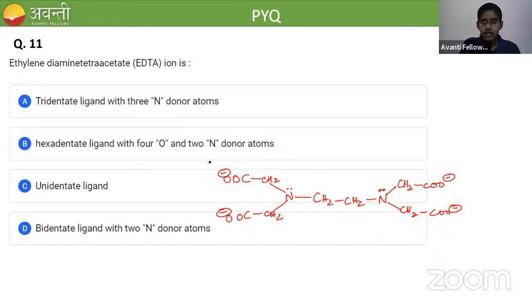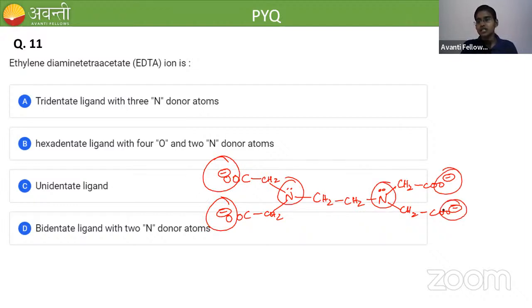This ligand contains 1, 2, 3, 4, 5, 6. The negative charge containing centers and the lone pair containing centers act as donor sites. So we have 6 donating sites here, so it is a hexadentate ligand, with 4 oxygen and 2 nitrogen donor atoms. So option B will be the correct answer.